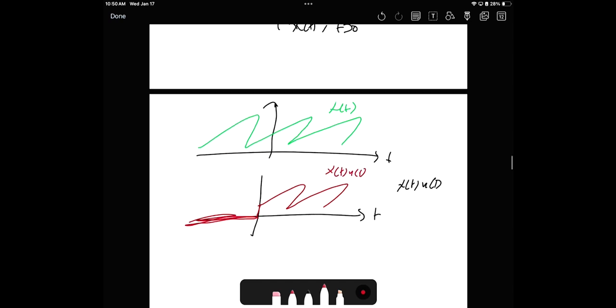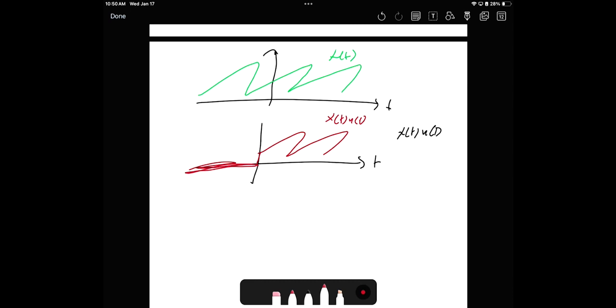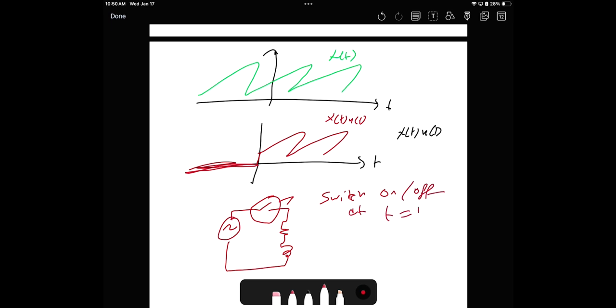This is very similar to what we recall in circuit analysis, where sometimes we use a switch on the signal. So this can be replaced by a switch using u of t. To switch on or off at t equals t0, we will say u of t minus t0. We can replace it. That's how we switch the signals.